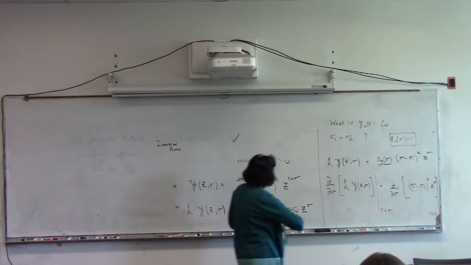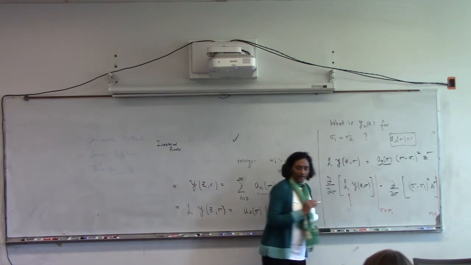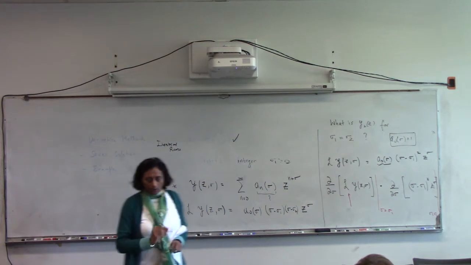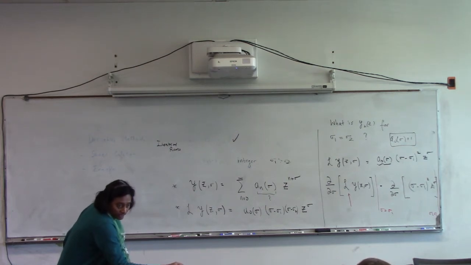But the important thing I want you to notice is, when I say this L, with respect to what? What is the independent variable in L? z. It's a linear operator, so I can change the order of differentiation. I can have partial of z and then partial of sigma.